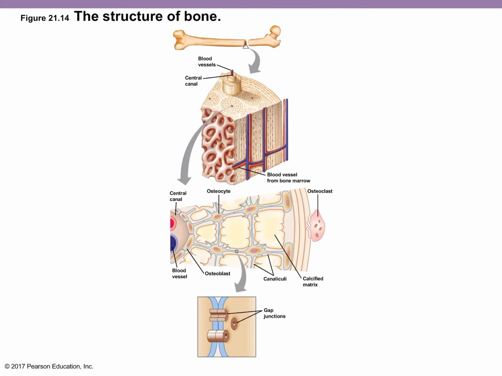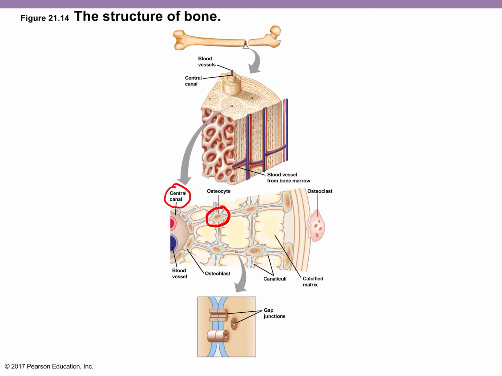So this should be a review for you guys. So this is your compact bone here. We can see osteons of the compact bone. So we're looking at the central canal of an osteon. We have our osteocytes, right, our bone cells within lacuna of the matrix of bone.